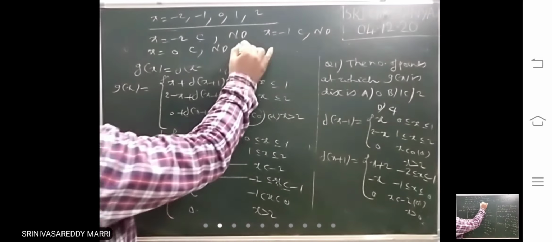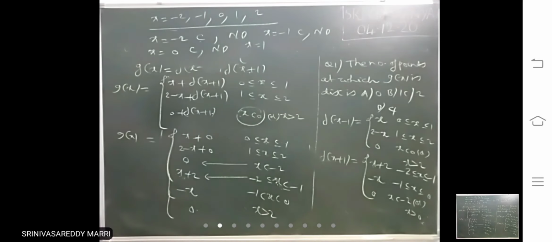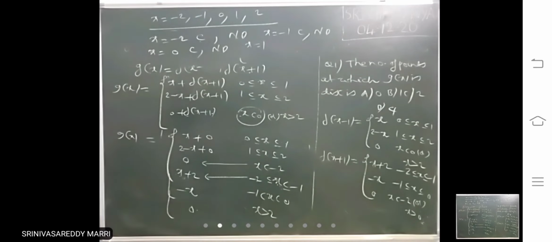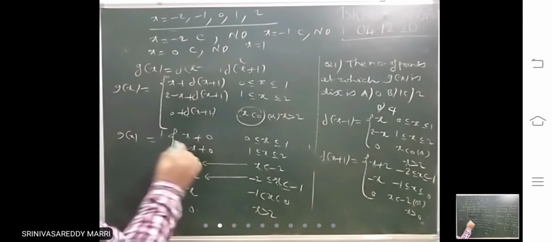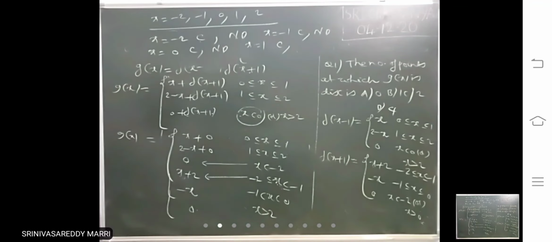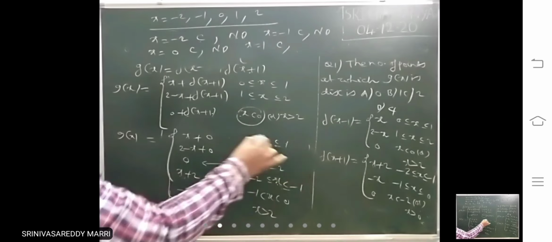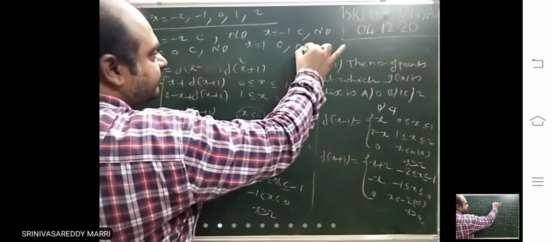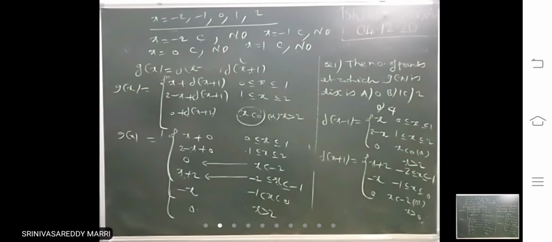Next, x equal to 1. At x equal to 1, left limit is 1, right limit is 2 minus 1, 1, and f of 1 is 1. So continuous. F dash 1 minus is 1, 1 plus is minus 1. So therefore not differentiable.